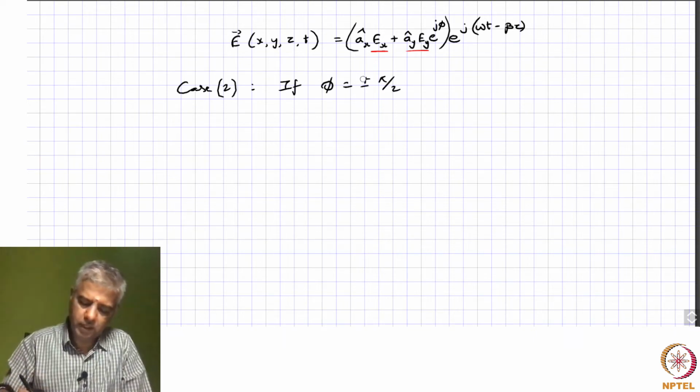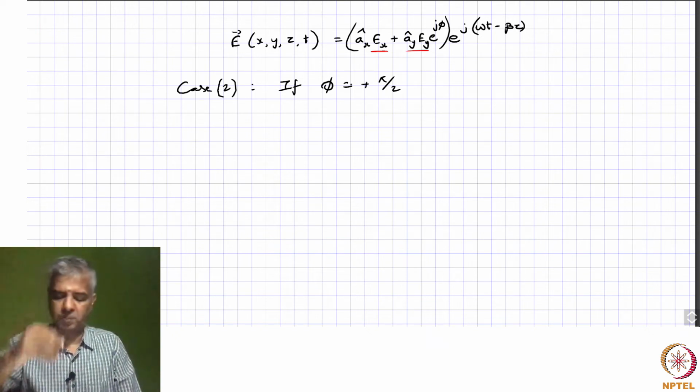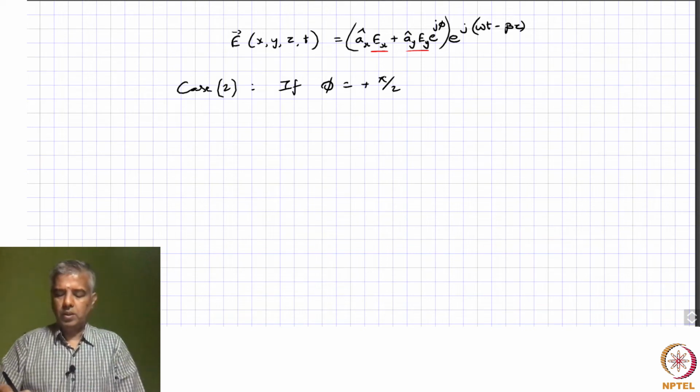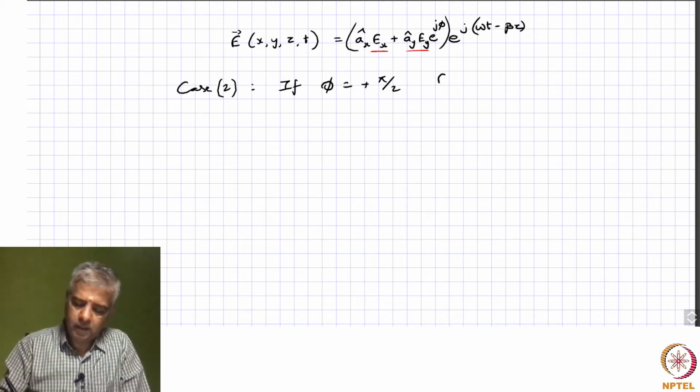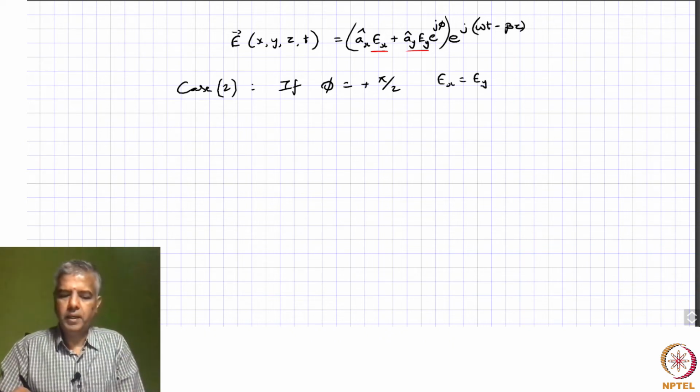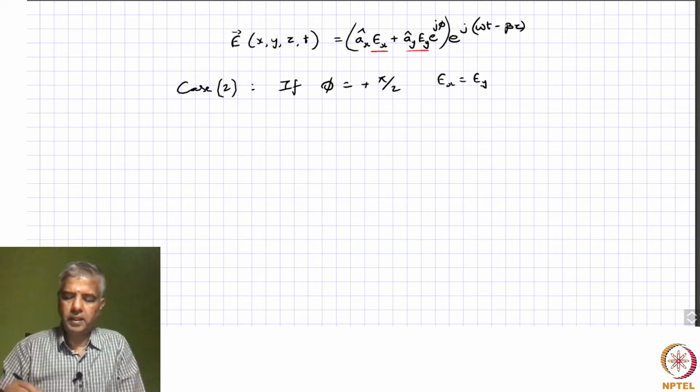Let us look at the case of what if phi equals plus pi by 2. In this case, let us say Ex equals Ey. Now, in this case, we are saying that Ey is leading with respect to Ex.